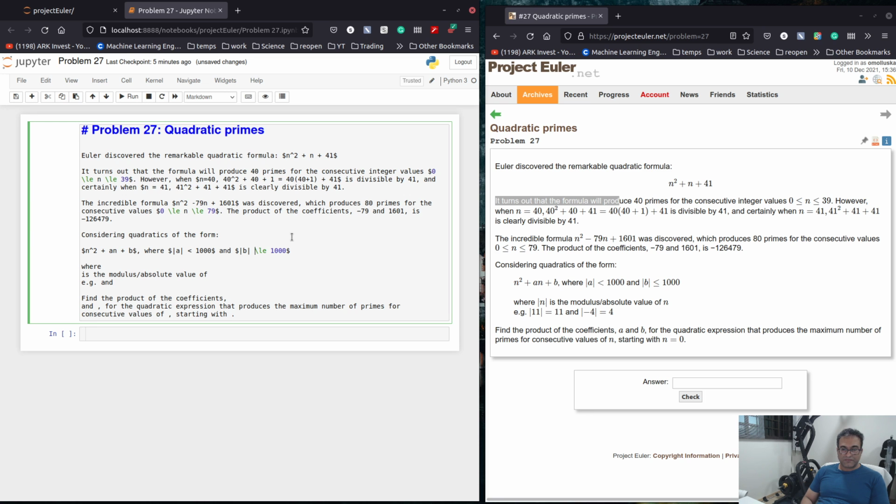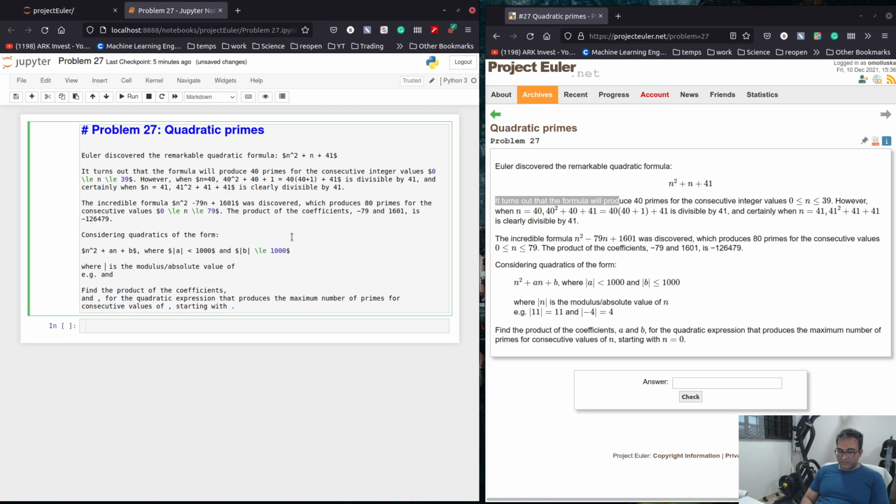Where n, the absolute value of n, is the modulus absolute value of n. Example, the modulus of 11 is 11, and the modulus of minus 4 is 4.